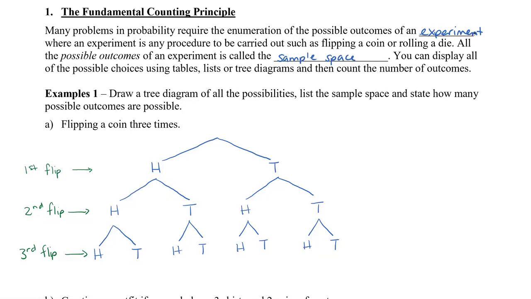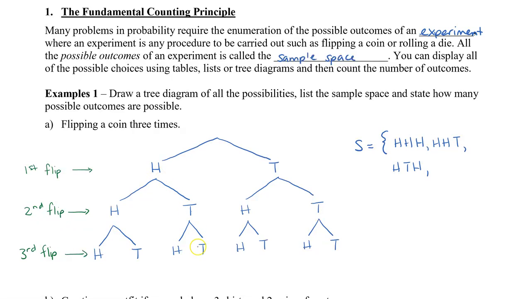So to list my sample space, I can say that I have head, head, head, which is the first branch here. Then I can have head, head, and then tail. And then I can have head, tail, head.